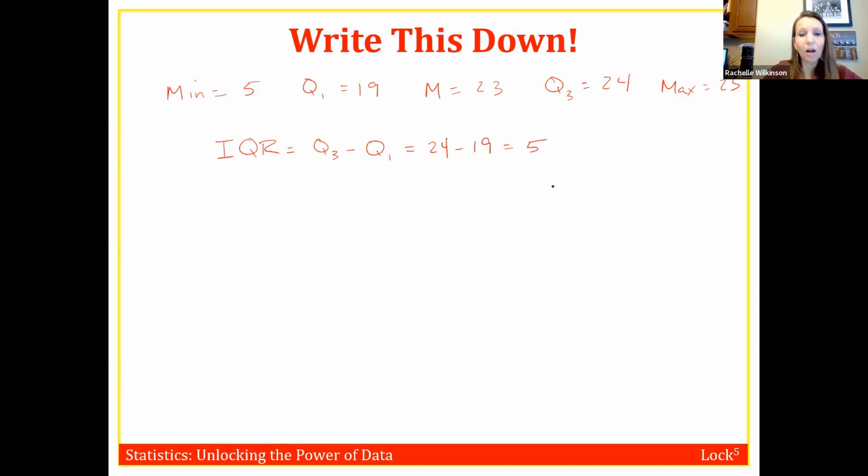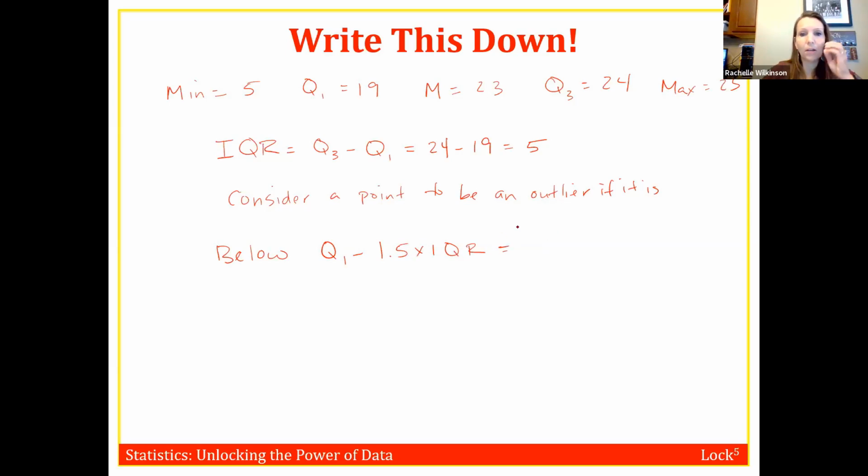All right, now remember our rule says we're going to consider something to be an outlier. So I'll write that down. So consider a point to be an outlier if it is below Q1 minus 1.5 times the IQR.